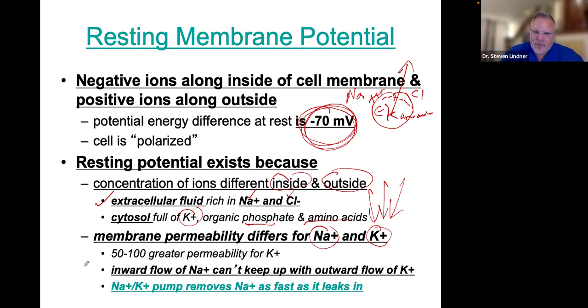But the inward flow of sodium can't keep up with the outward flow of potassium due to the permeability. And then we have what's called the sodium potassium pump that tries to remove the sodium that leaked in, it tries to push it out. So let's look at this sodium potassium pump and how it works, okay?